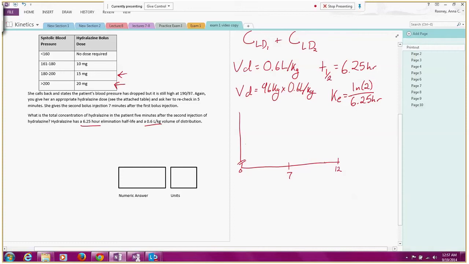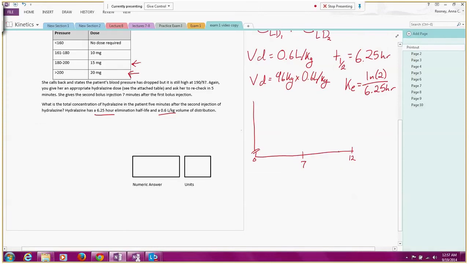So our first dose is given at time 0. It's the first thing, and so we wait, and it starts to eliminate.